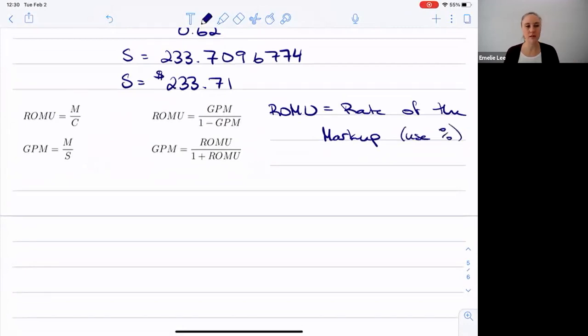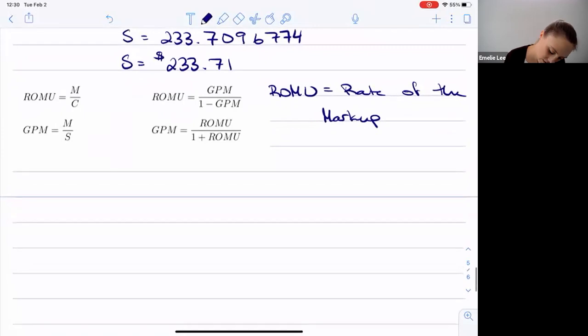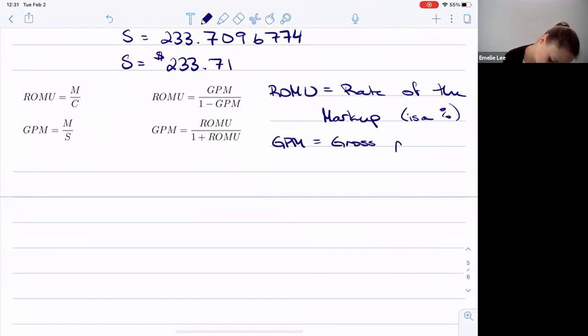Sorry, I shouldn't do that, that could be confusing. It is a percent, only because I'm running out of room there. And then the gross profit margin, GPM, is the gross profit margin, which is also a percentage.